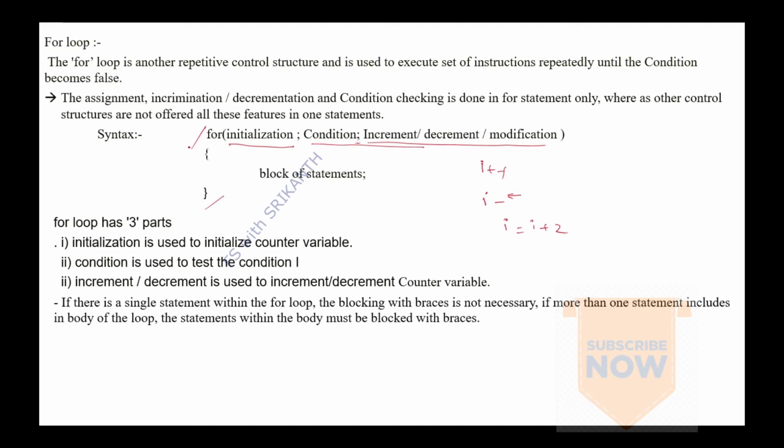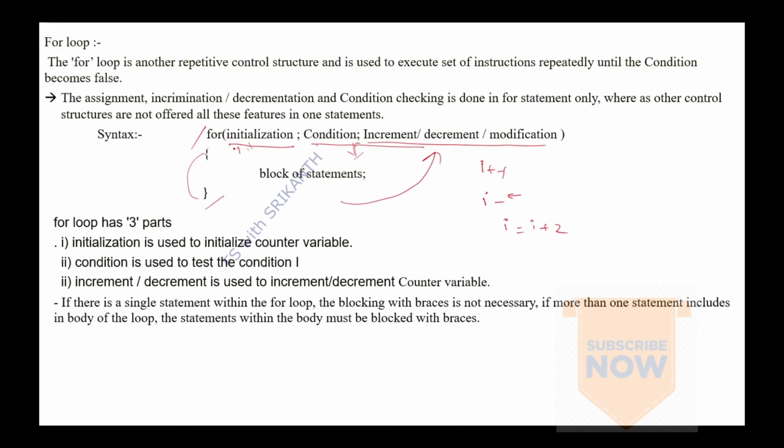When the for loop runs, first it takes a variable and performs the condition. If the condition is true, it executes the block of statements. After executing the block of statements, the increment part is performed. After incrementing the variable, the variable value is updated, and again the condition is checked.